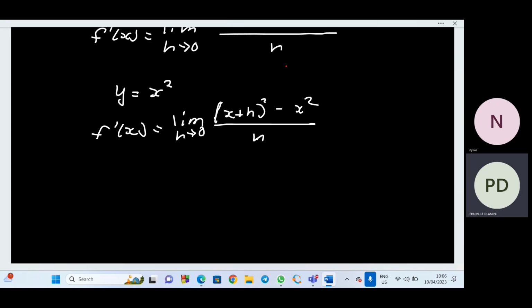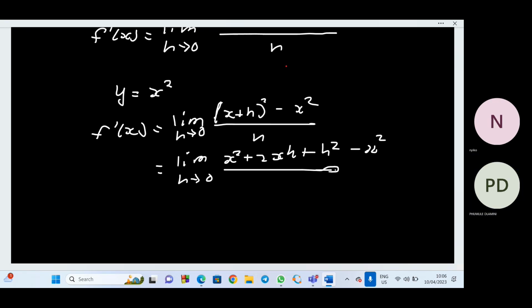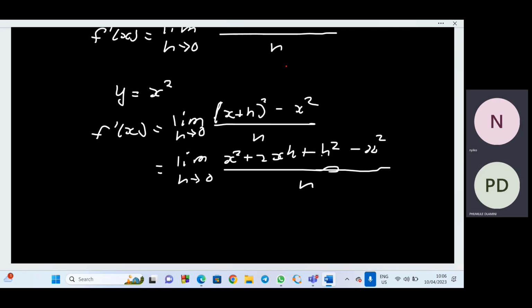over h. Expanding this, it will give us the limit as h approaches 0 of x squared plus 2xh plus h squared minus x squared, over h. So this x squared will cancel with this one.